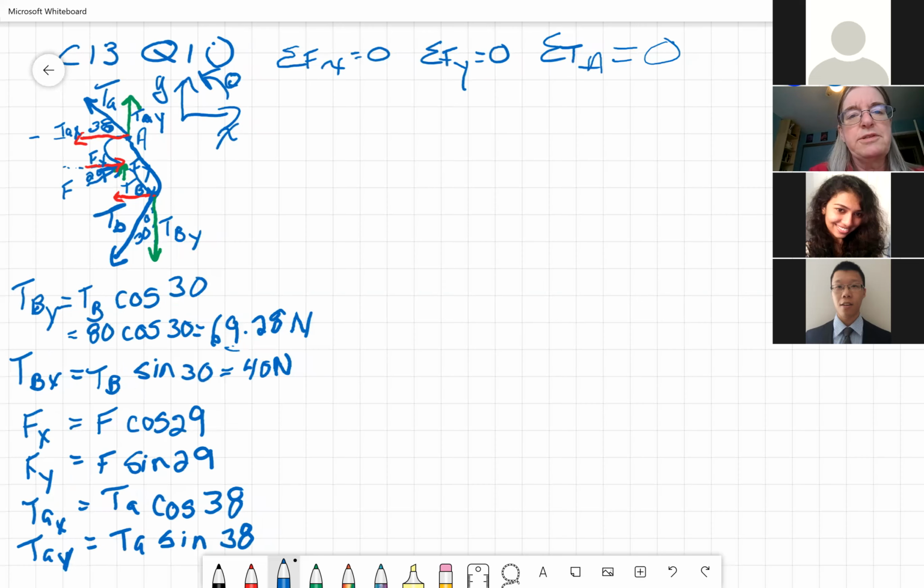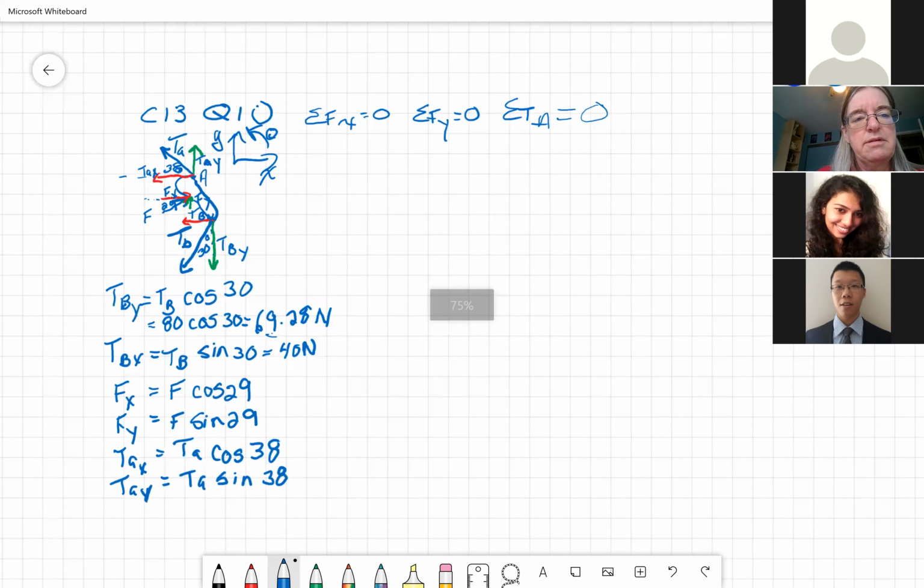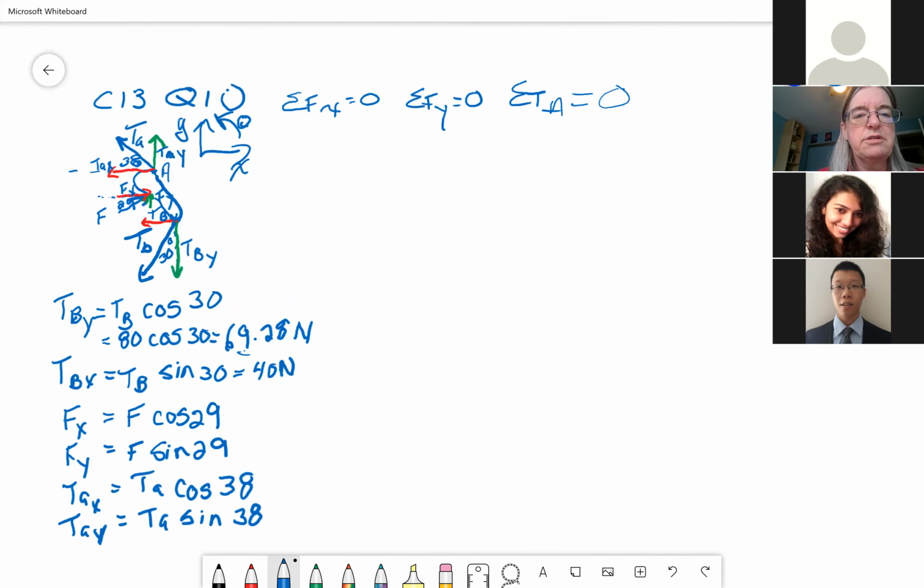So let's go with this sum of forces in the x direction. And that's going to equal TBX. Well, that's negative, because you can see it's pointing in a negative x direction. So minus 40 newtons. And TAX is also going in a negative direction, TA cos 38.